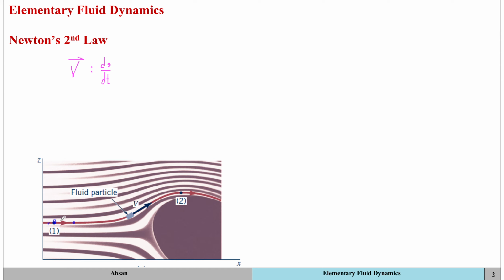What that means is that the path is fixed in the xz plane, and for the neighboring particles, if we were looking at the particles at this location, it would be the same.